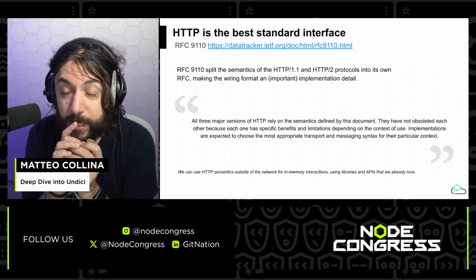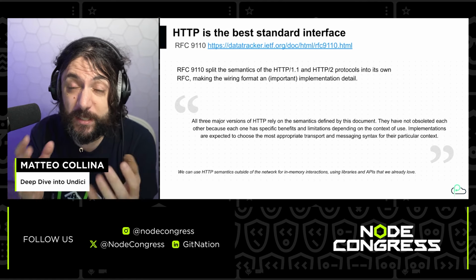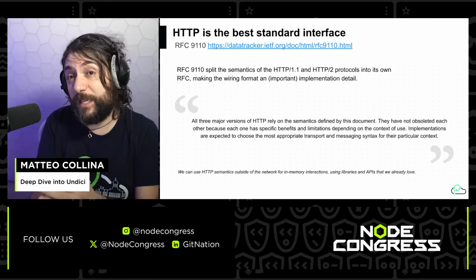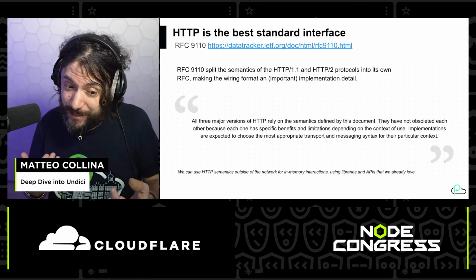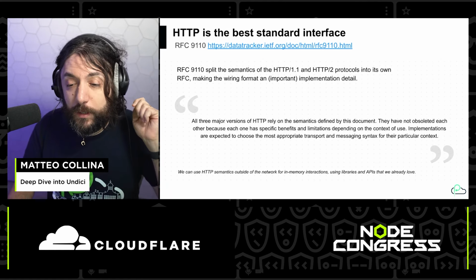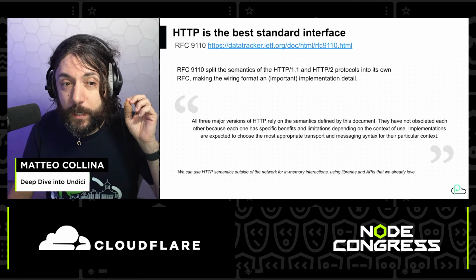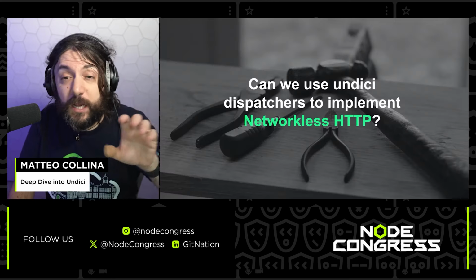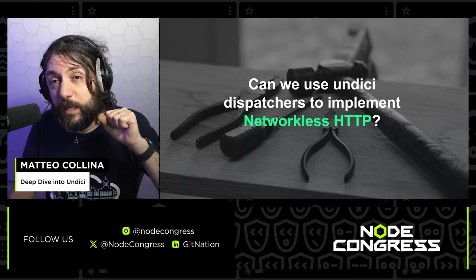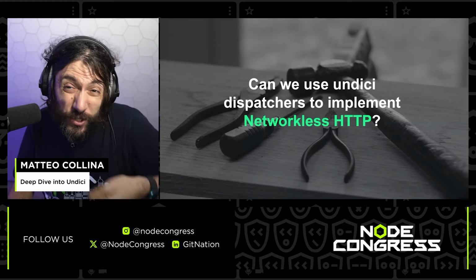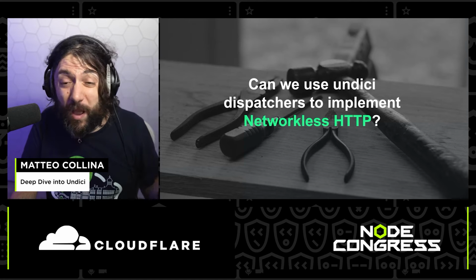Basically, it means that we can implement the HTTP semantics on essentially anything, which is fantastic. So it means that we can even completely unbind our system from HTTP for transport. And in fact, this is the logic that we use for the mocks.